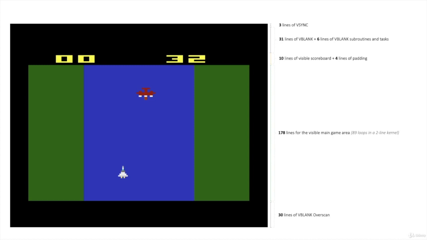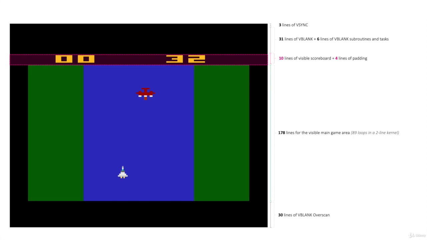After that, we enter our visible scan lines. And in the visible scan lines, we kind of divided our game into 2 sections. We have the scoreboard at the top, and then later we have our main game area, right, with our jet, our bomber, the playfield, the river. So if we just analyze the scoreboard section, I also went there, counted instructions, and that gave us 10 lines of visible scoreboard.